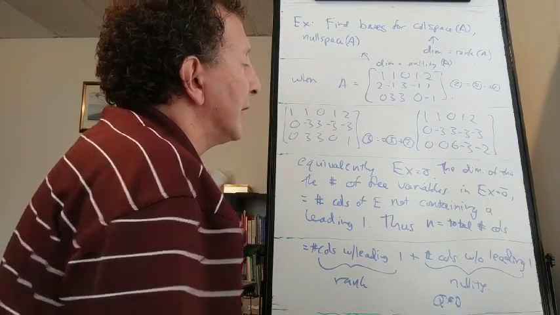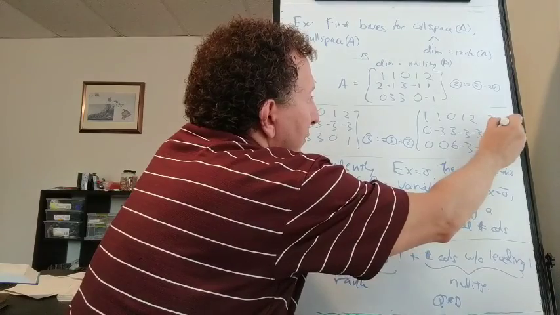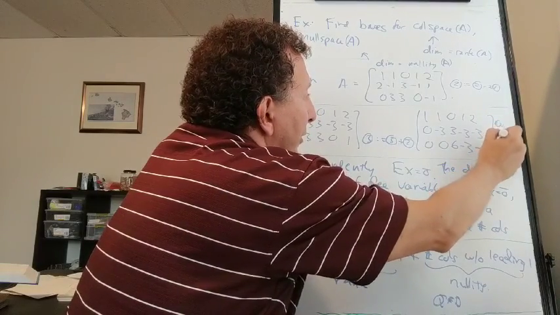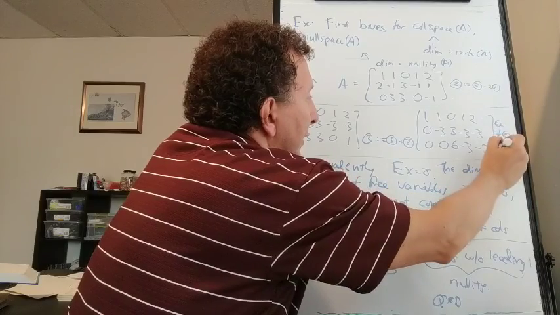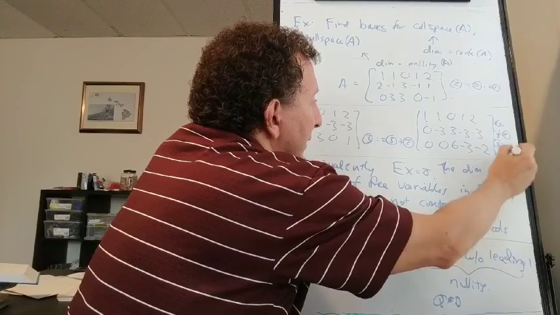And now let me divide the second row by negative 3 and the third row by 6.